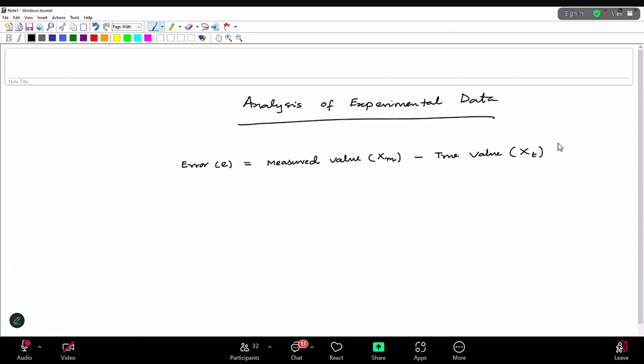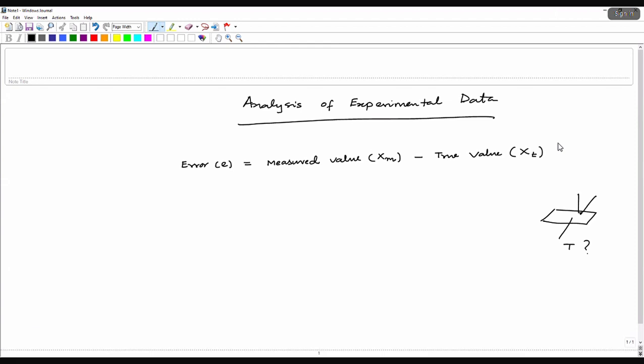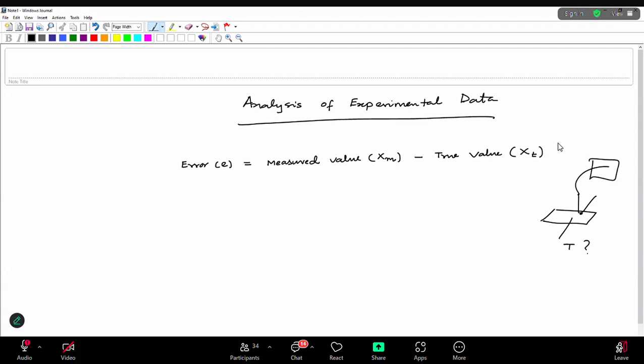Let's say you have a surface at some temperature, and you want to know the temperature of this surface, and you do some measurement. You put in a thermocouple and you get some value as the measured value. But how do you know how much the error is? Because you would not know the true value.